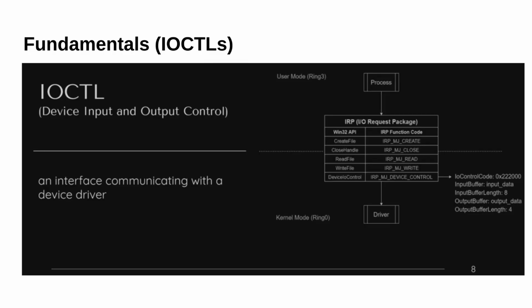Here on the right, in this example, the process is trying to communicate with the driver, trying to launch something, to do an action, and it's doing it through an IOCTL code. In this case, it's 2222000, and then it's declaring the input data, the length, the output data, and the buffer length. Surely, if you've never seen this, it makes no sense at all.